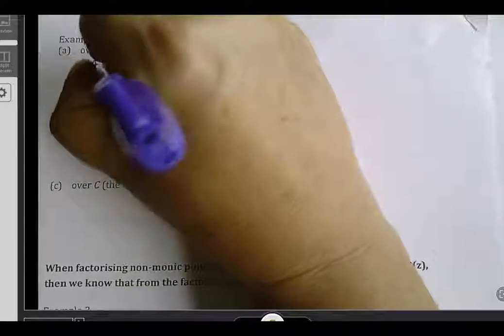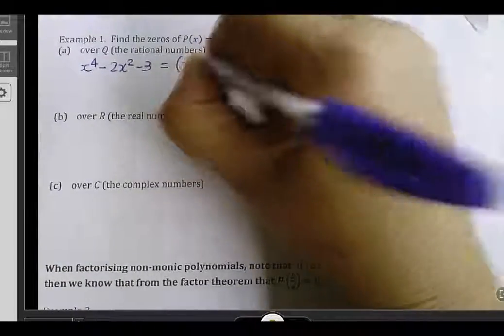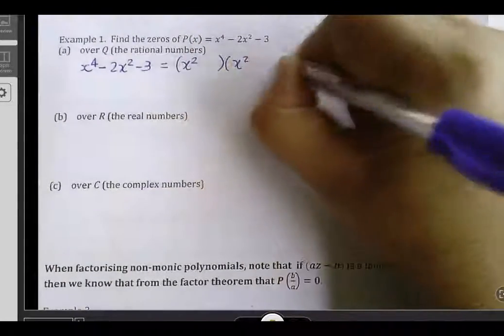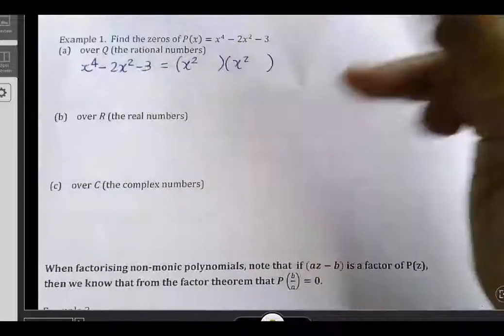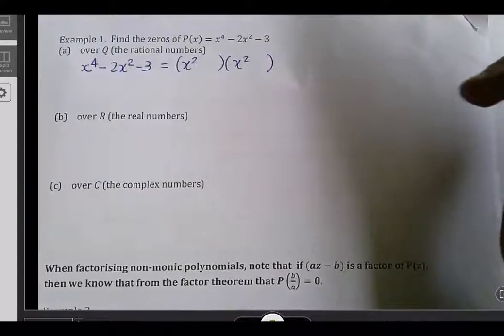So what have we got? We've got x to the 4 minus 2x squared minus 3. Of course, it's going to be x squared. Can you think of the numbers that multiply to give -3 but add up to give -2? It must be -3 plus 1.